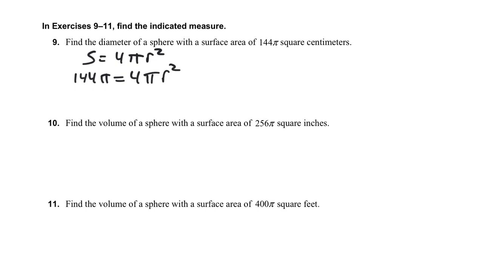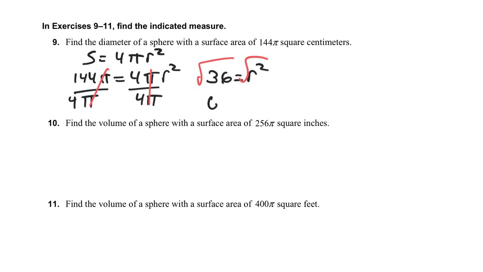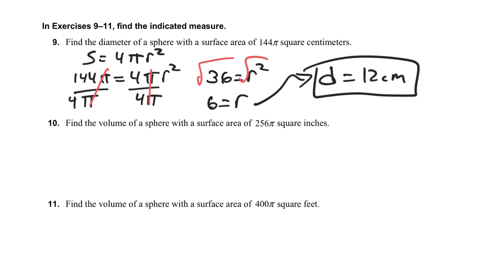So if we divide both sides by 4 pi, the pi's cancel, and then 144 divided by the number 4 is going to give me 36 equals r squared. Take that square root, and you're going to get that 6 is your radius. Now it asks for the diameter, so that means you multiply that by 2, and the diameter is going to be 12 centimeters.